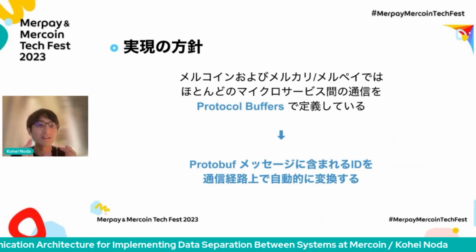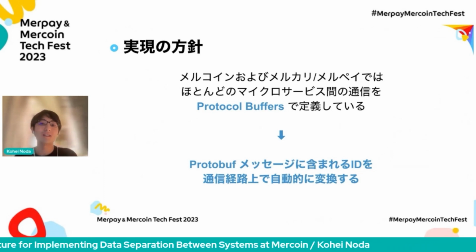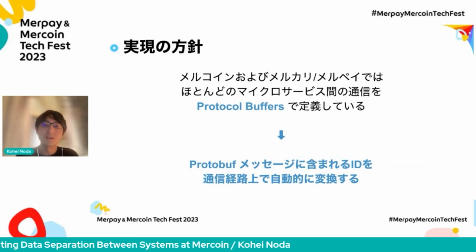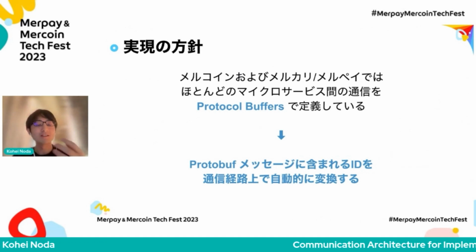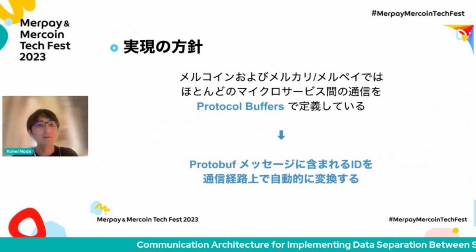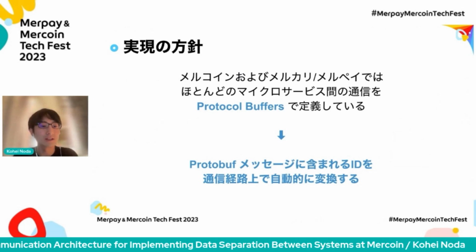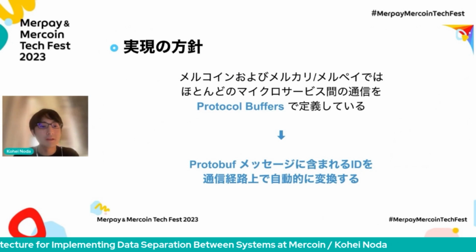Therefore, by using this message definition, the user ID included in the message is automatically converted to an appropriate ID on the communication route without the developer being aware of it, and therefore it is possible to create a situation in which the developer does not need to be aware of the ID conversion.